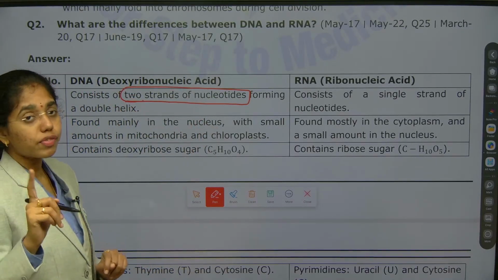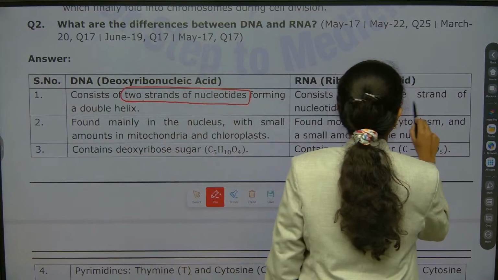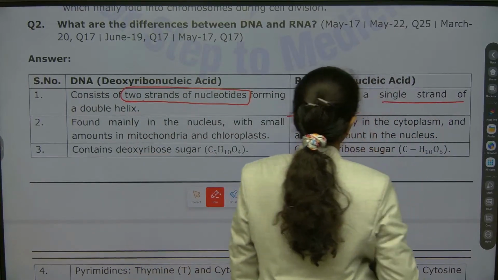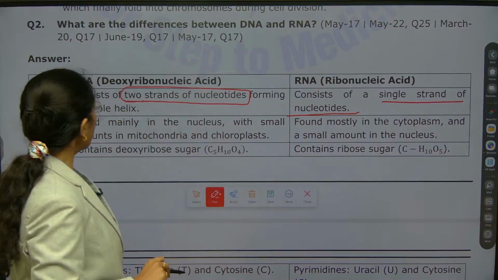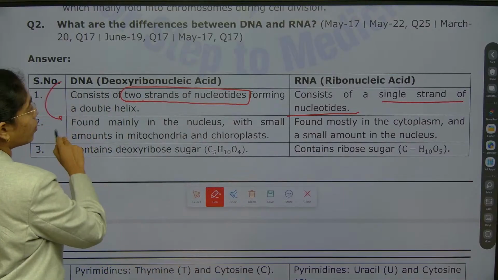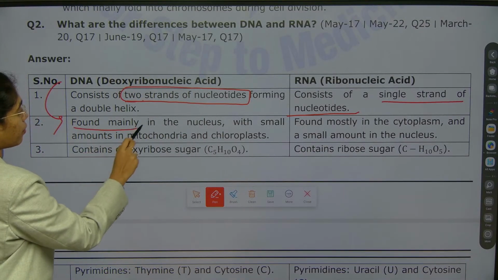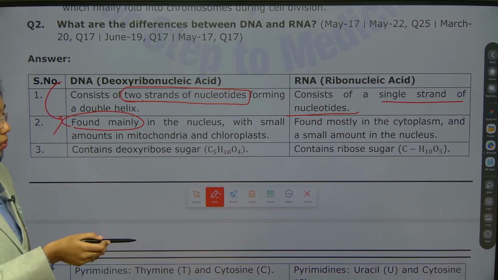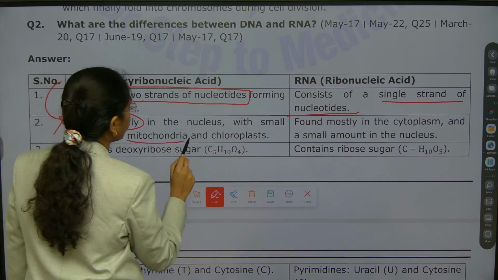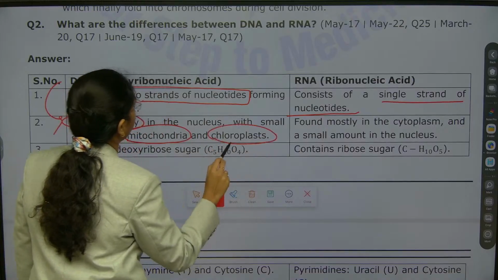RNA consists of a single strand of nucleotides. DNA is found mainly inside the nucleus, with small amounts in mitochondria and chloroplast as well.